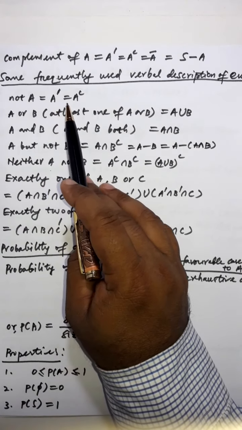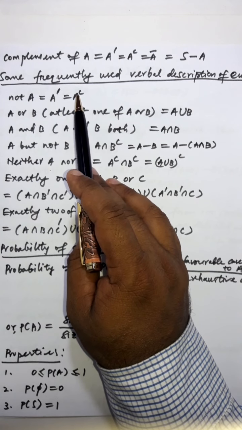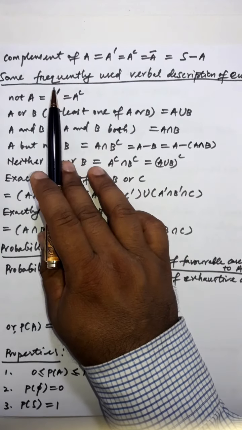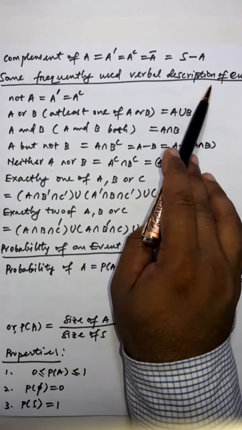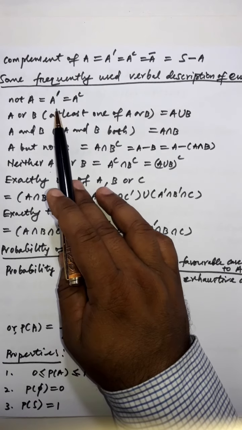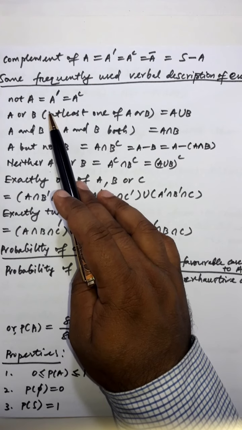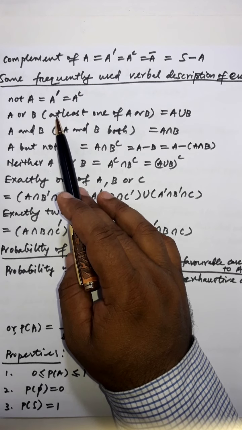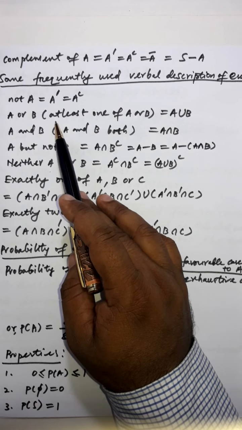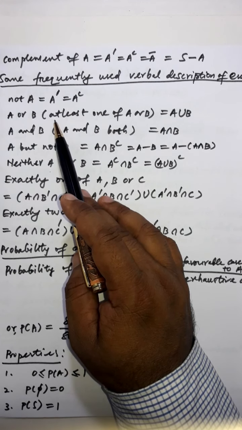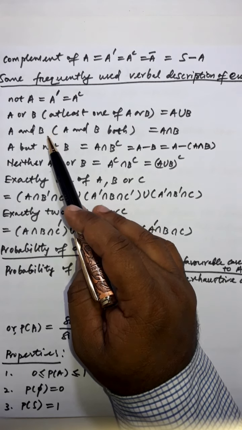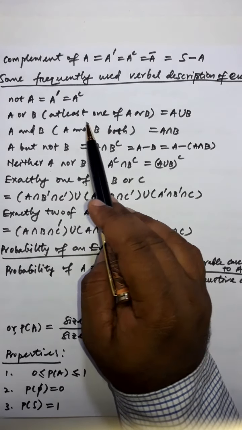Now before moving to our main probability formulas, let's discuss some frequently used verbal descriptions of events. That means how to represent an event with short symbols instead of long verbal descriptions.